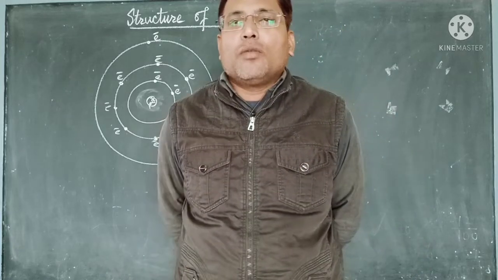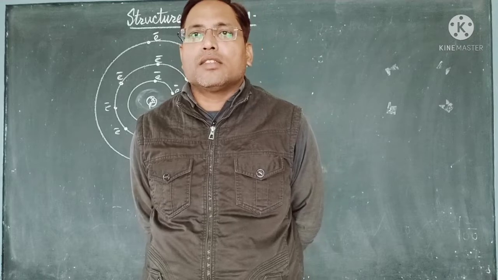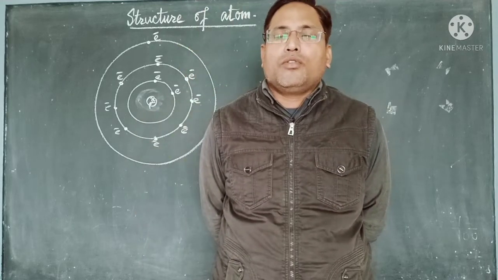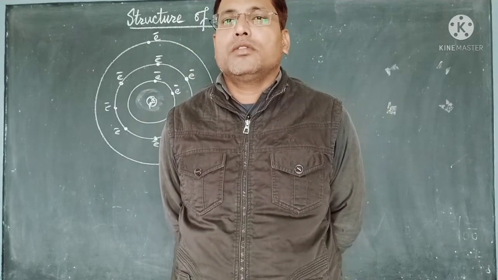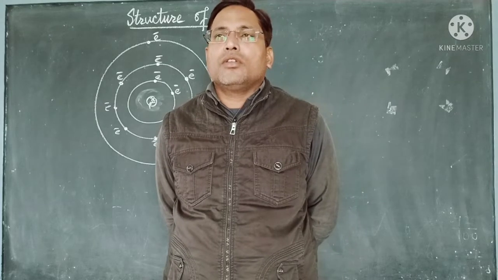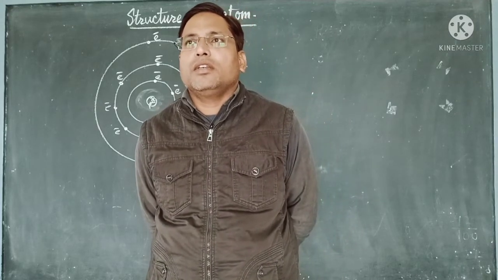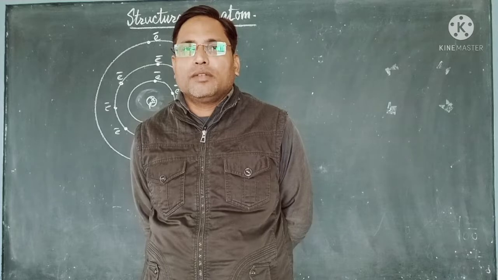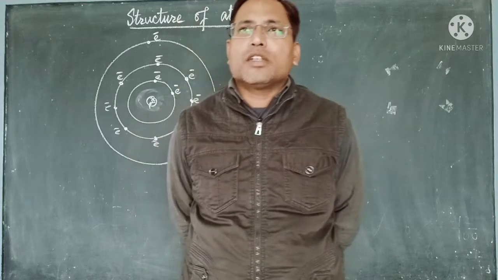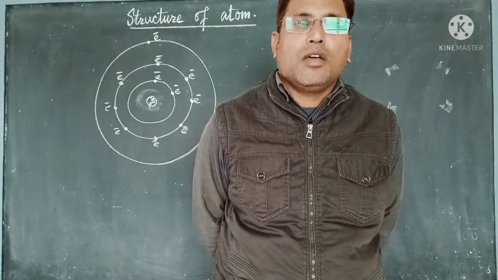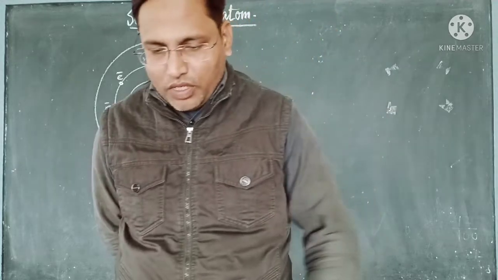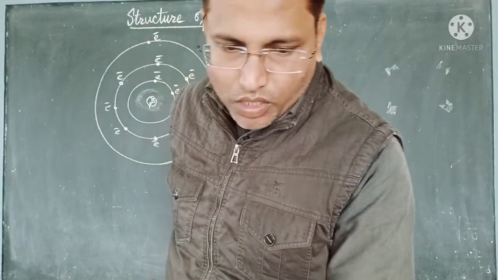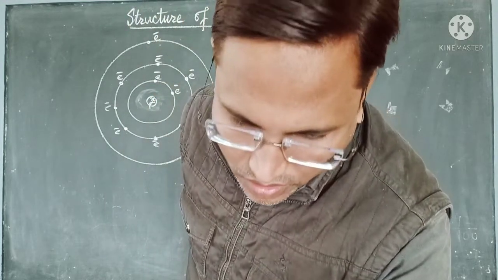Electrons revolve around the nucleus in the orbits. Now in this chapter we will study about each of them. So let us first see about the discovery of electron. How electron was discovered.